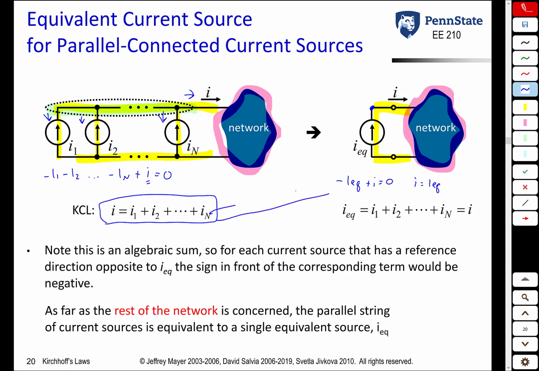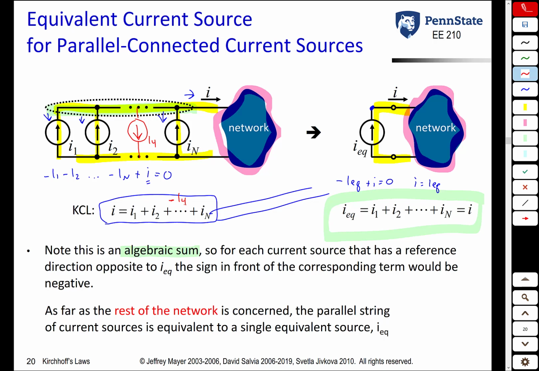Setting these equal to each other, we see that I equivalent is nothing more than the algebraic sum of the individual current sources. Key term here, just like with voltage sources in series, is the term algebraic sum. If one of these current sources happened to have the opposite orientation, let's say I sub 4, then we'd have to subtract its current source value.